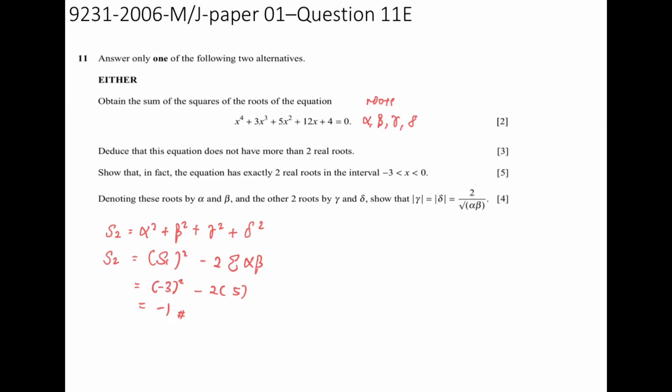Okay, now we continue with the second part. Deduce that this equation does not have more than 2 real roots.